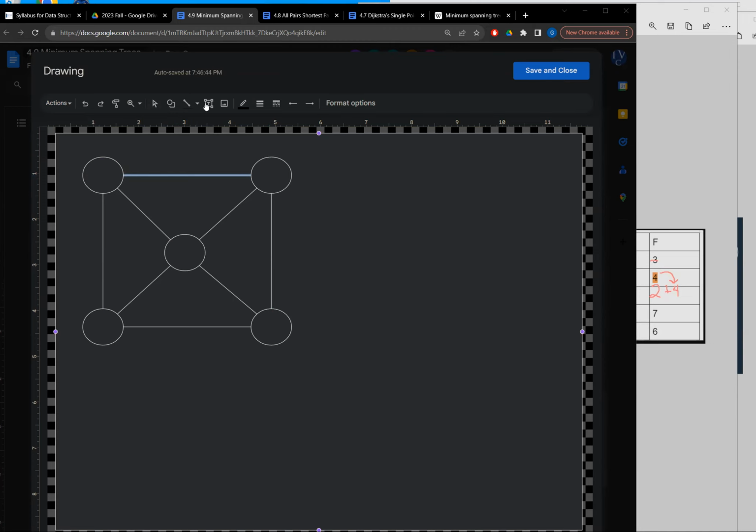Need some weights in here. We'll make all of these edges in the middle 1, and we'll just make everything on the outside 8.